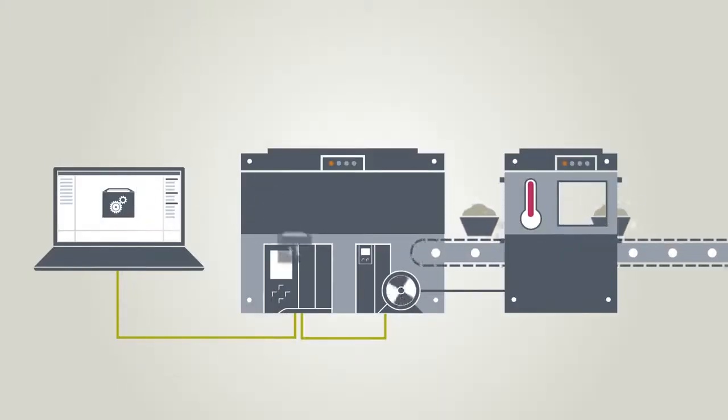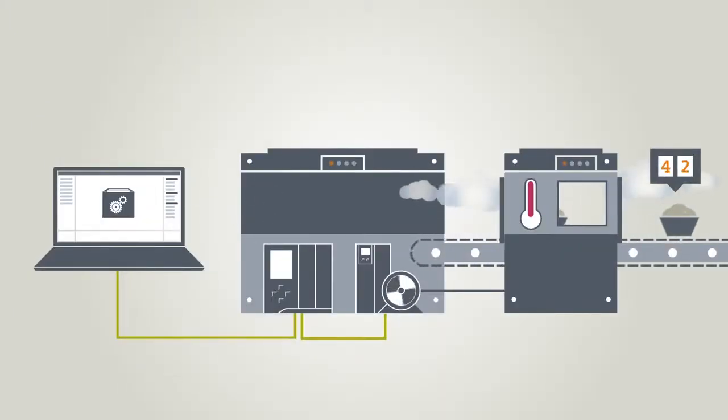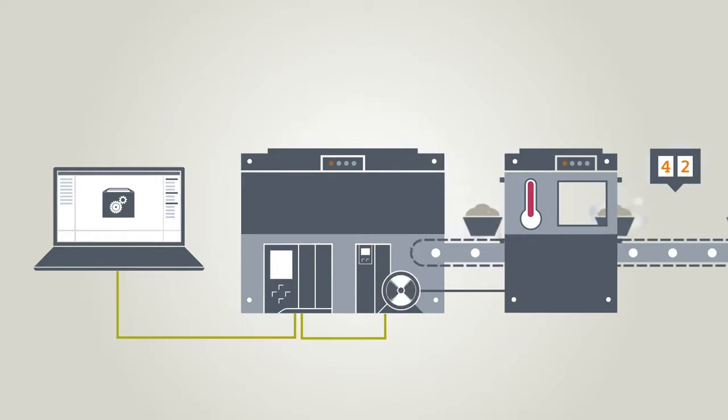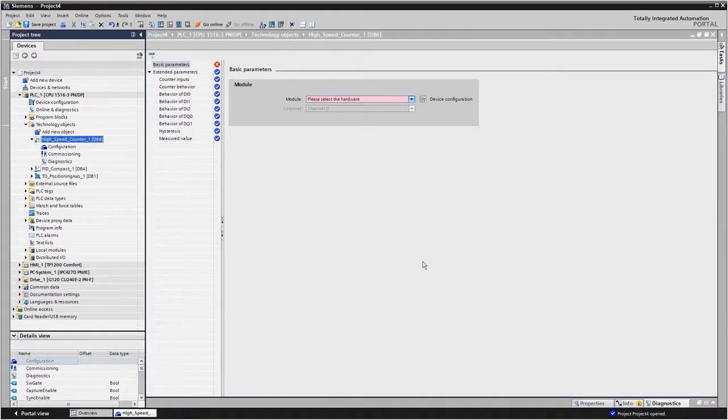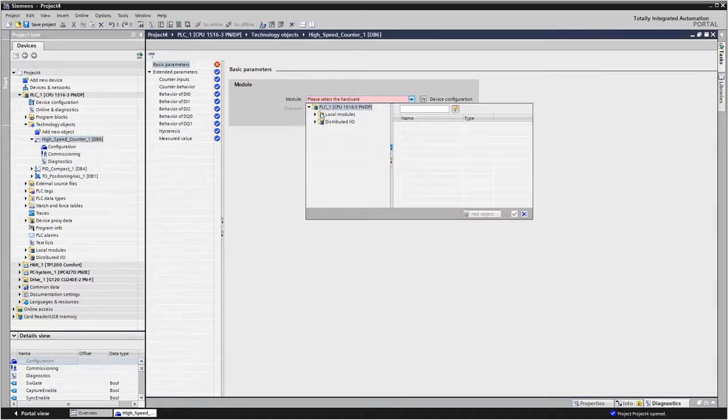Now we'll move on to the counting and measuring technology object. This time, under Counting and Measuring, choose the High-Speed Counter Technology object. Then choose the correct counter module in the configuration options for the Counting and Measuring Technology object.